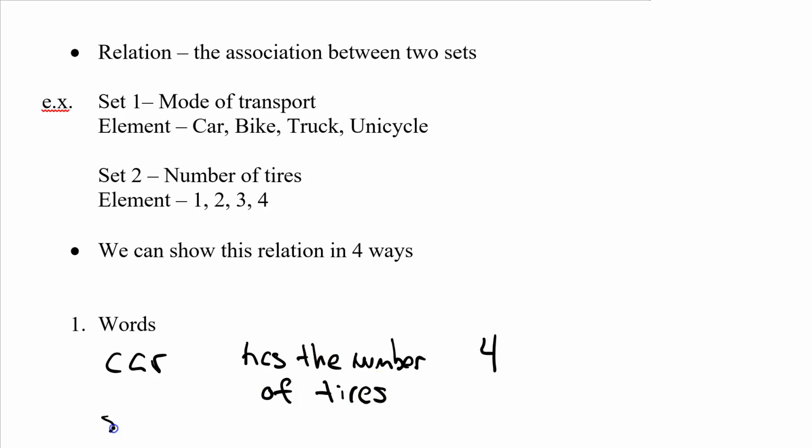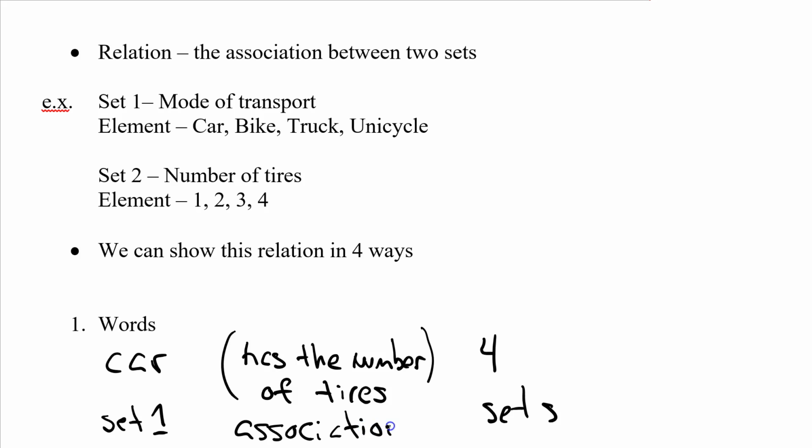The car comes from set 1, the 4 comes from set 2, and our words here are the association. So what are the words to show this relationship? Has the number of tires. Car has the number of tires to be 4.